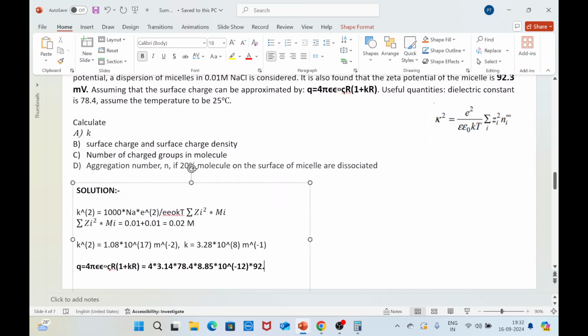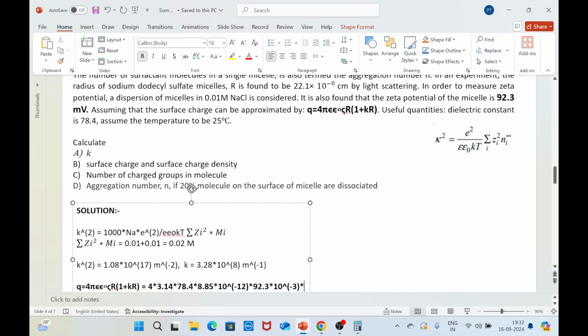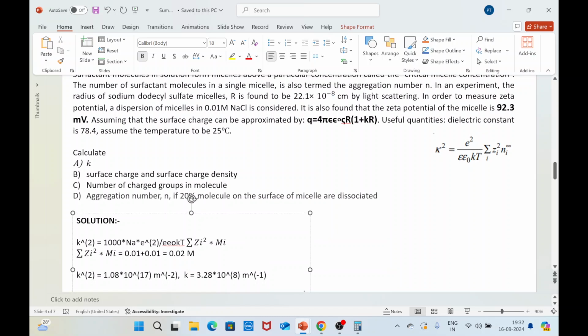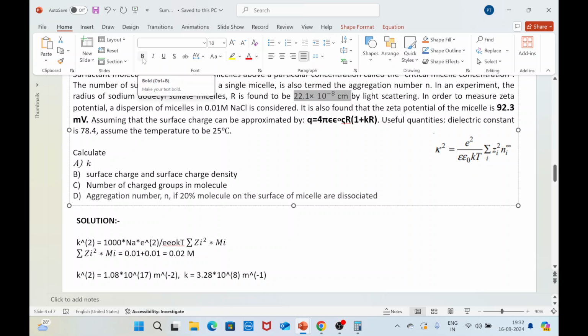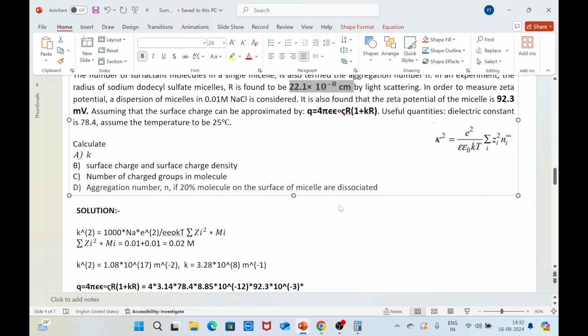So 92.3 times 10 power minus 3, times R, which is given as the radius of the sodium dodecyl sulfate molecules. R is found to be 22.1 times 10 power minus 8 centimeters.